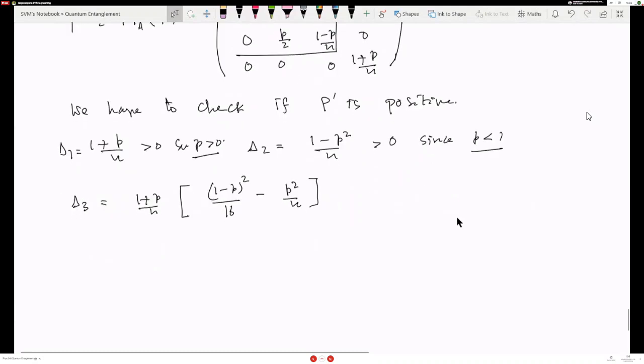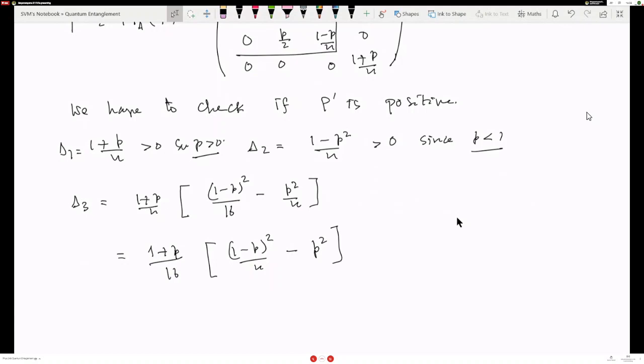I can pull out a 4 and write a 16 here, into (1 minus p) the whole square divided by 4 minus p square.